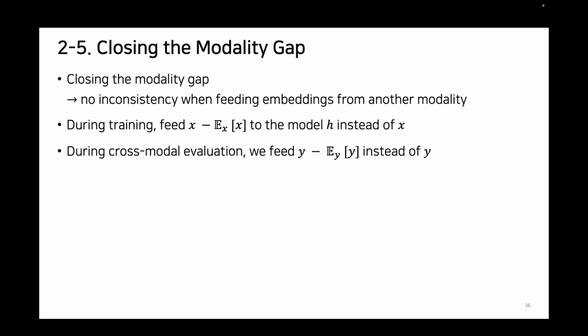Oh, right, but the trained H is also on to the G. It can be trained in that way, but still, the gap could remain, right? X minus average and the Y minus average may have different descent.